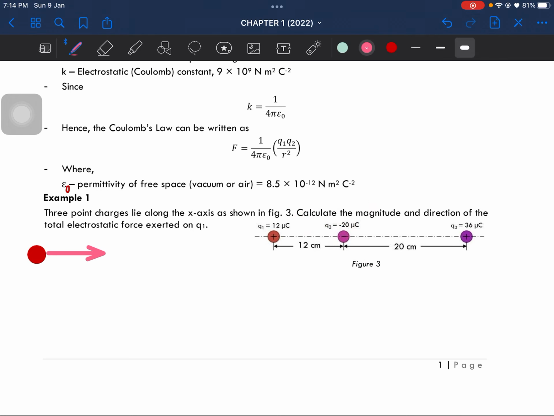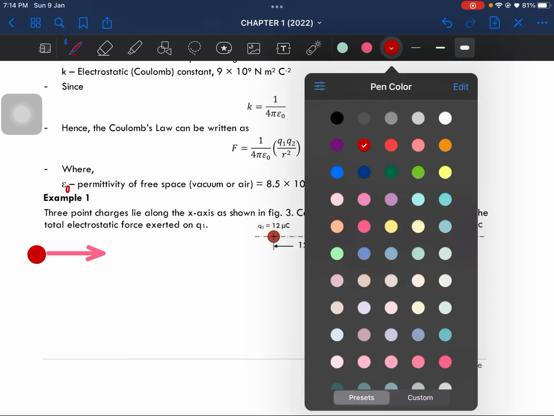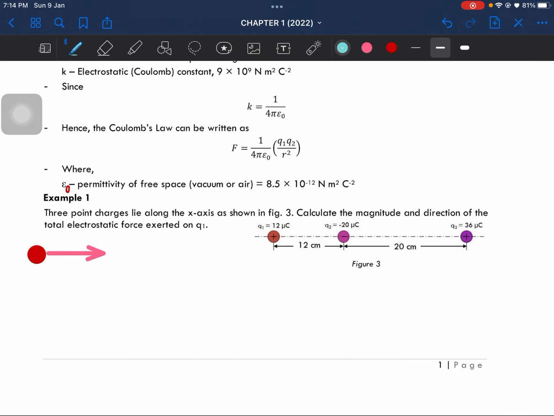So this will be our force. Sorry, not charge, force. Force by charge 2, no, force on 1 due to charge 2. I think it's like that.